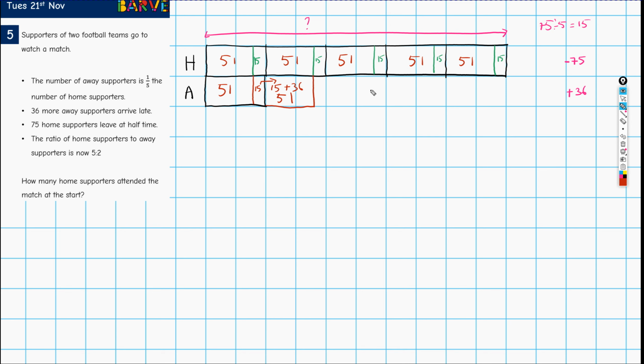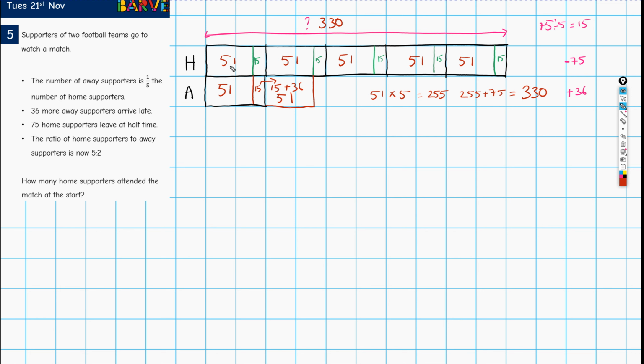So if we do 51 times 5, we've got 5 of them, we get 255. And we then need to add back in the 75 that we lost. So 255 add 75 gives us 330. And that is our final answer.